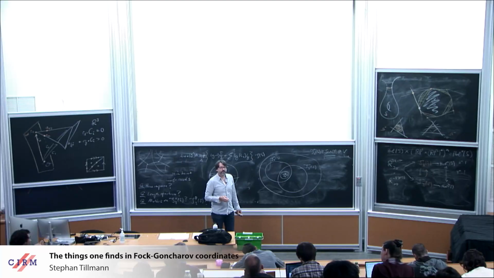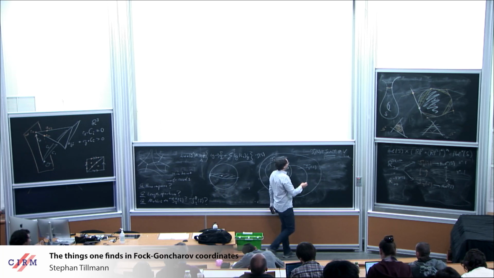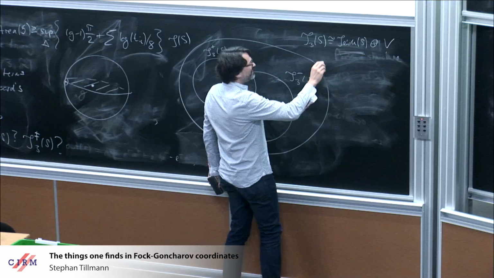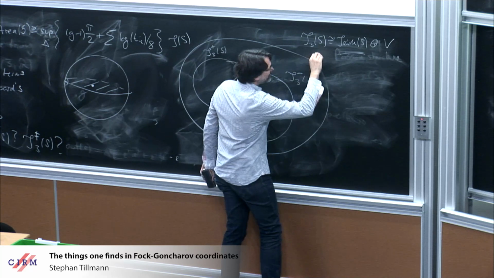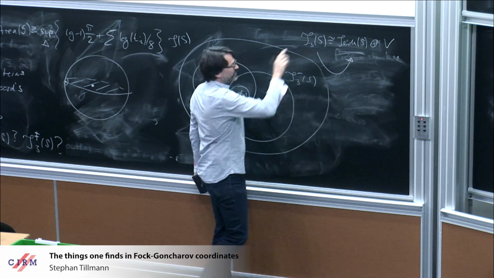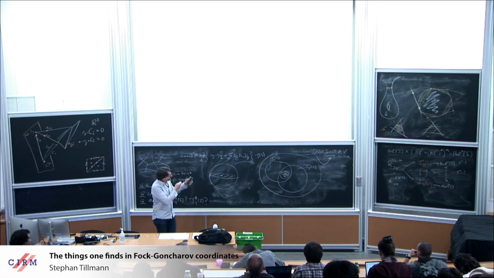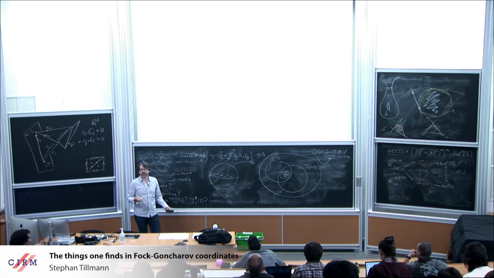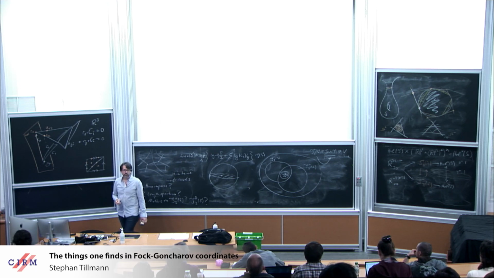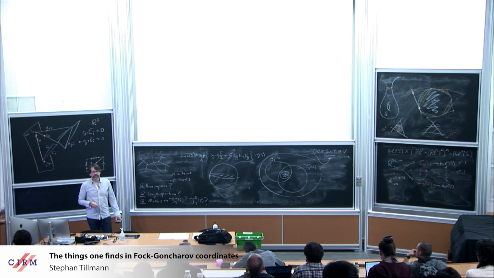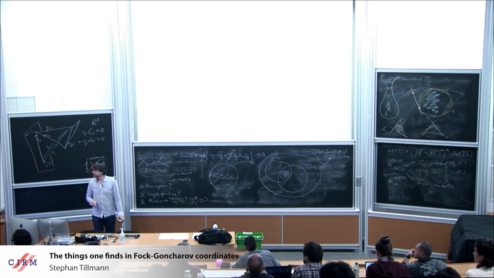But a problem that I didn't mention before is, if you give me a point in Fock-Goncharov space, how do you determine this canonical hyperbolic structure that's associated to a projective structure? I have no idea. Yeah. Thank you.